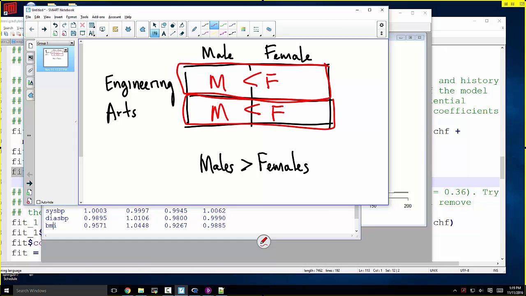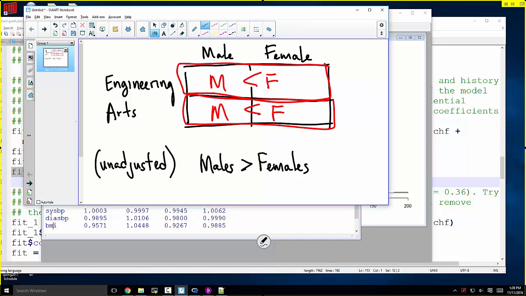So in a regression setting, failing to adjust for degree type would give you wrong estimates of the gender effect. That's confounding. Unadjusted for degree type, we have one picture: males make more than females.